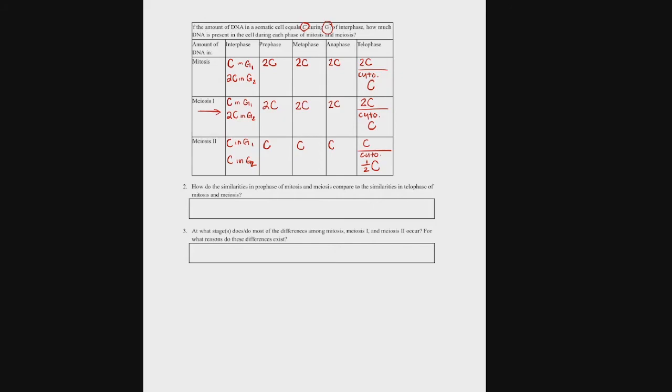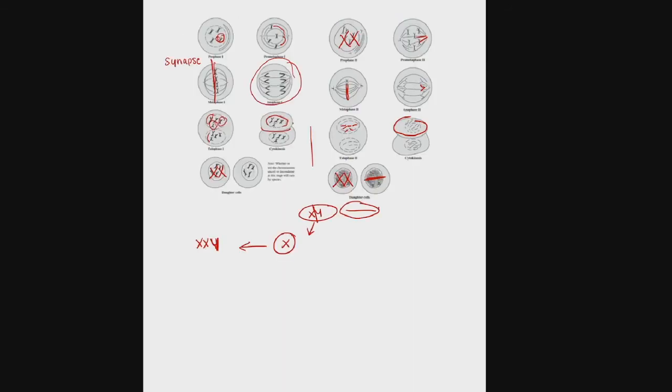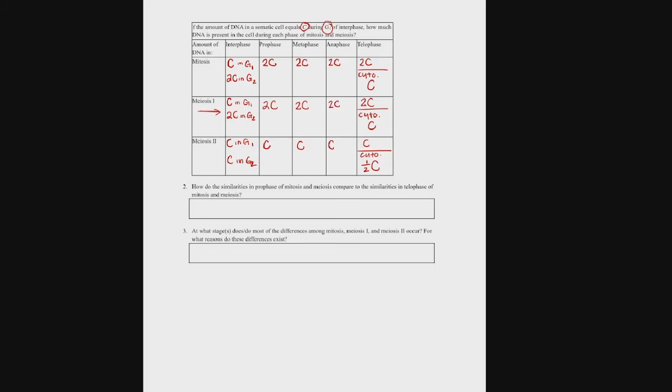Next question says, how do the similarities in prophase of mitosis and meiosis compare to the similarities in telophase of mitosis and meiosis? Prophase deals with, so if we can see here, we're seeing chromosomes getting ready in both, and in telophase in both, we're kind of seeing that be undone once again. The cell is now reforming.